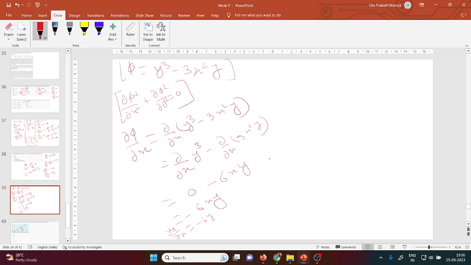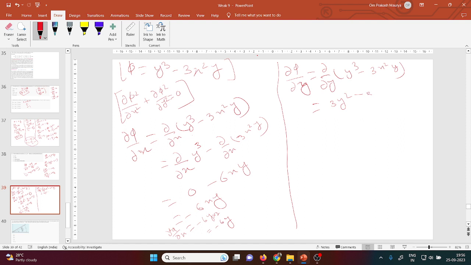Similarly, if you do it for y, y³ minus 3x²y, when you differentiate you get 3y² for this, and minus 3x² for the y term.